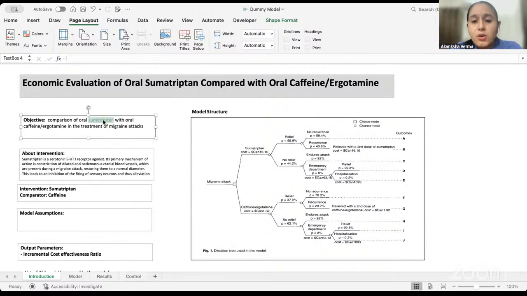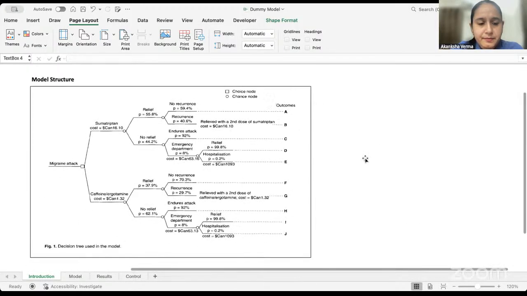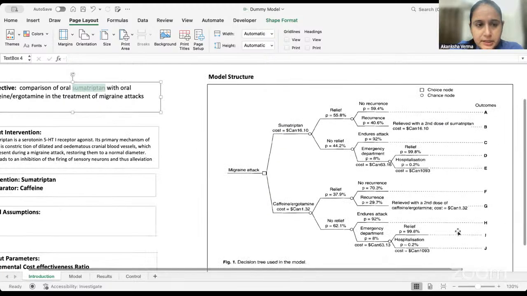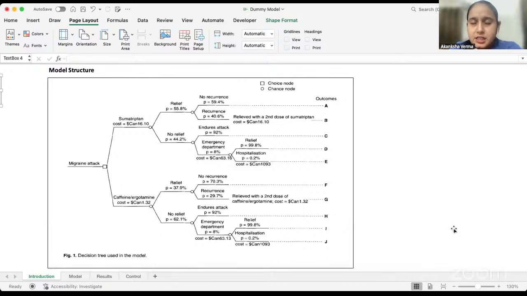Okay, so this is the model structure. If you can see clearly, let me just zoom it a bit more. Let's understand the flow. For this, a decision tree was used.